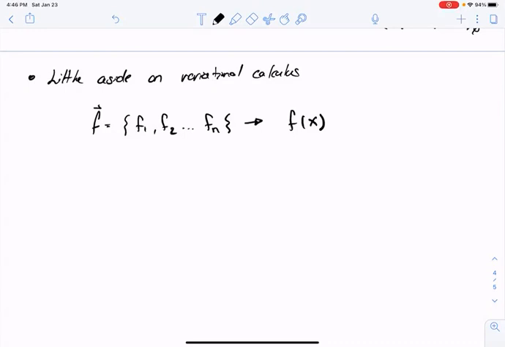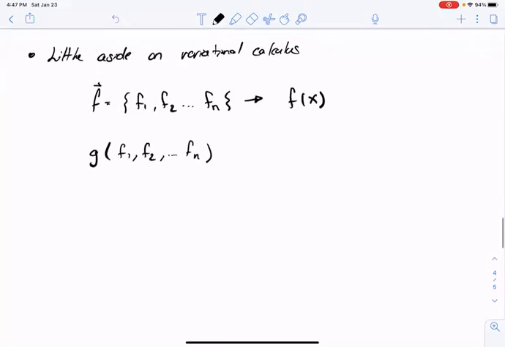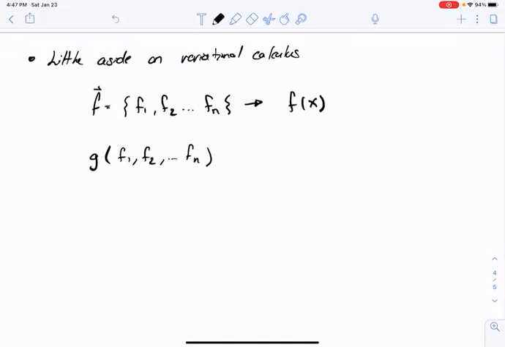Similarly, I can construct a function g, which depends on that vector, in that I put in the whole vector, and the function g maps that vector to a number. G concretely could be a modulus.